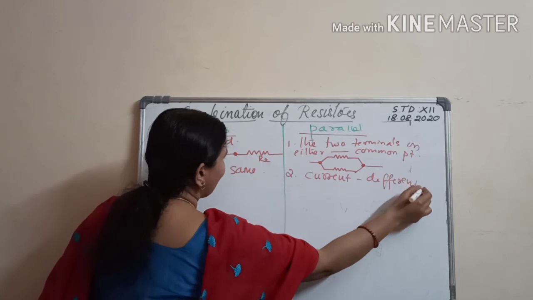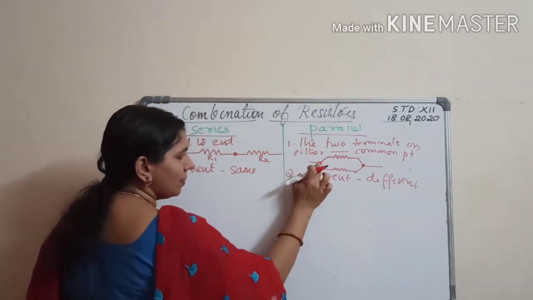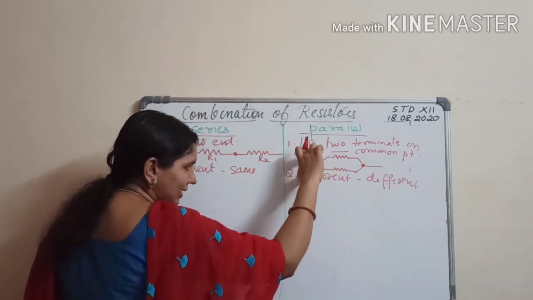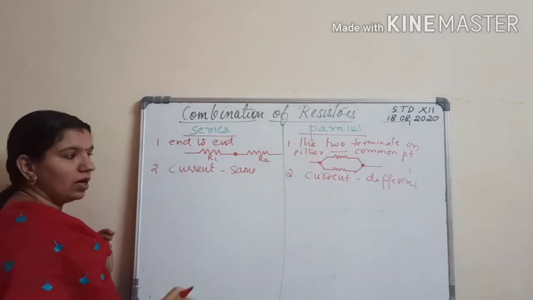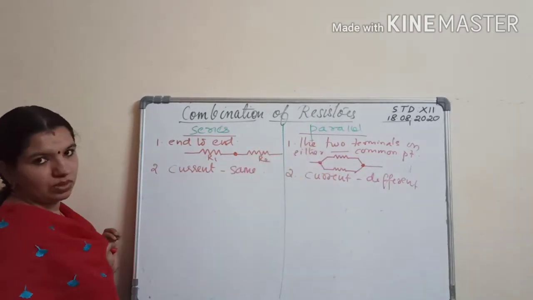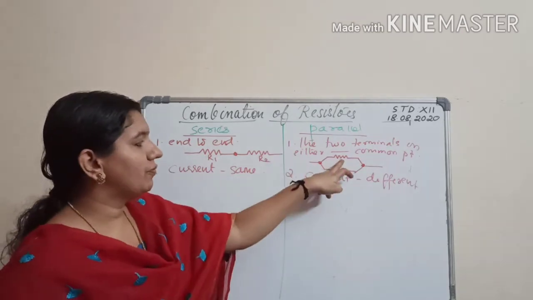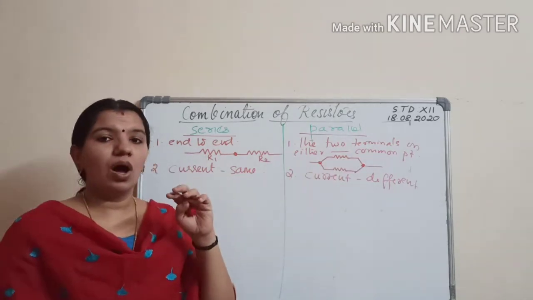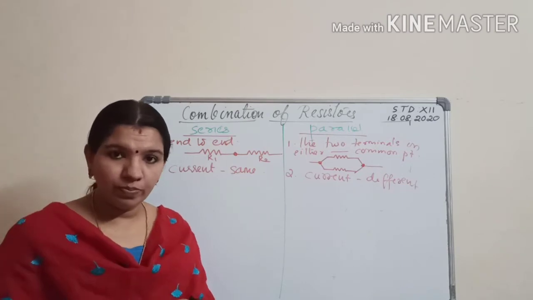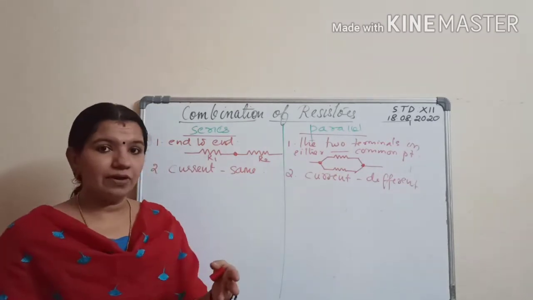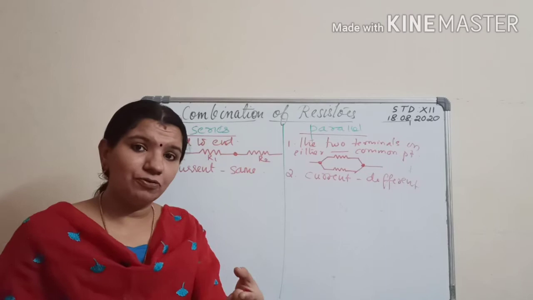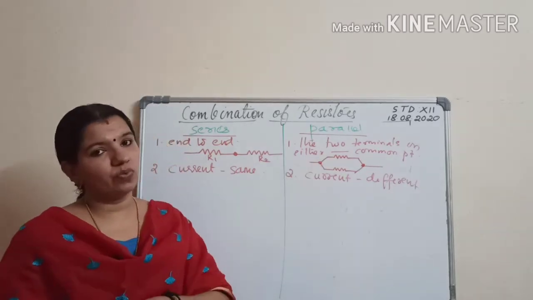That means if I amount of current is flowing and coming here at this junction, it will get split into two. That is why it is said that current is different. If this resistor has a value of 3 ohm and this has 5 ohm, depending upon the value of resistance, the current will also vary.